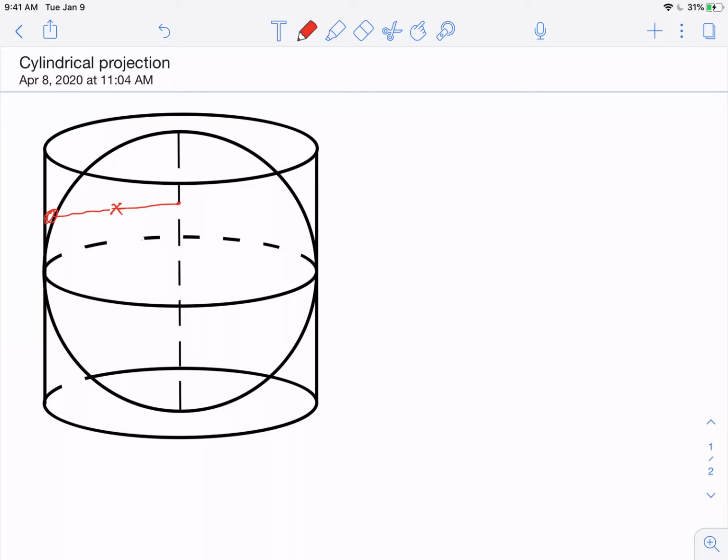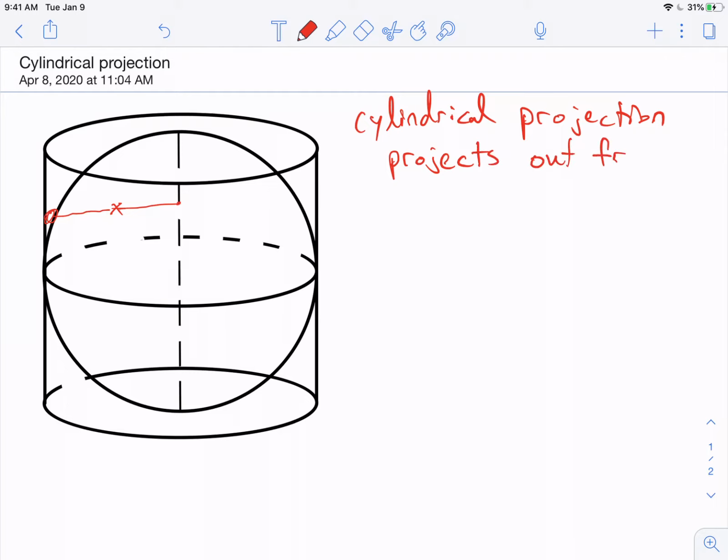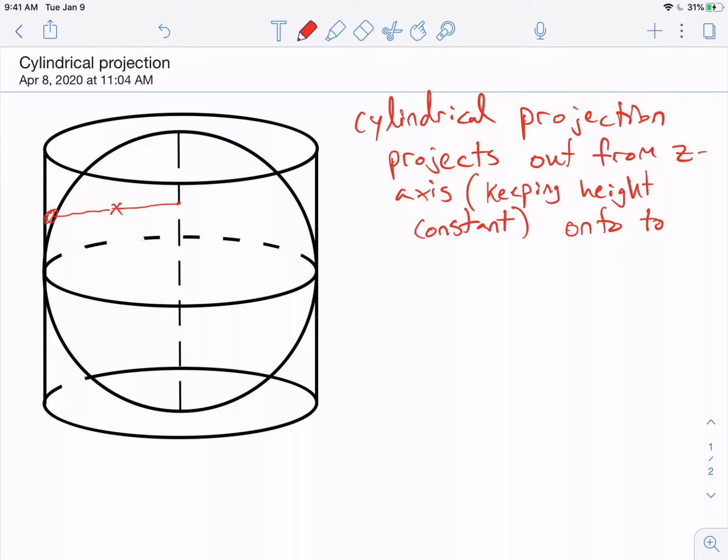So the cylindrical projection projects out from the z-axis, in other words, from the line connecting the North and South Pole, keeping the height constant, then going on to the cylinder.